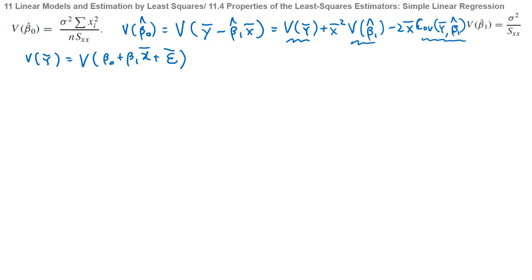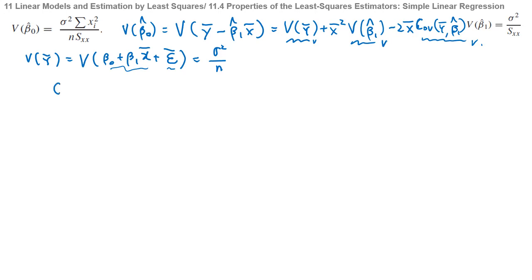This part is constant, and the variance of epsilon bar is n sigma square over n squared, that is sigma square over n. So this is calculated, and we also derived the variance of beta 1 hat. So the remaining thing is to calculate the covariance of y bar and beta 1 hat. Let's check what it is.